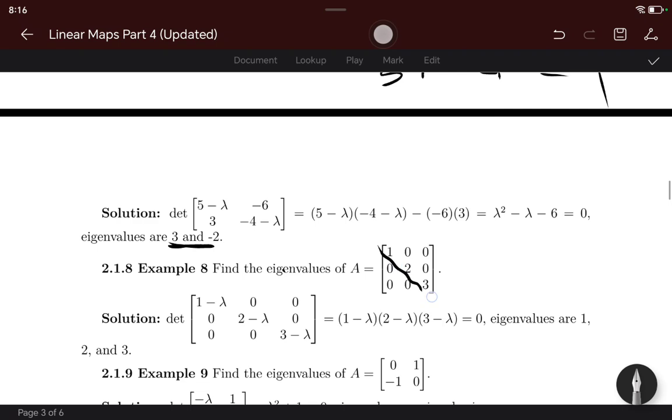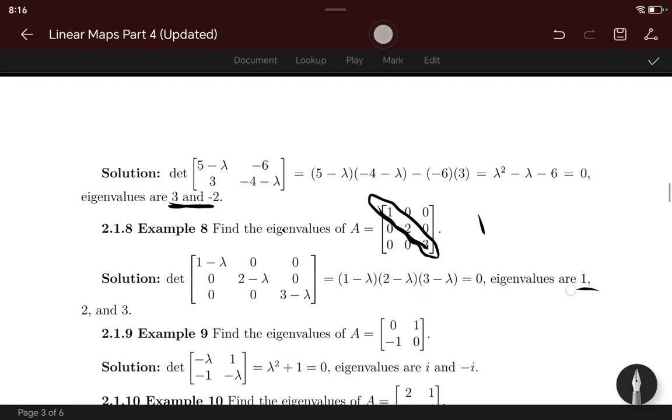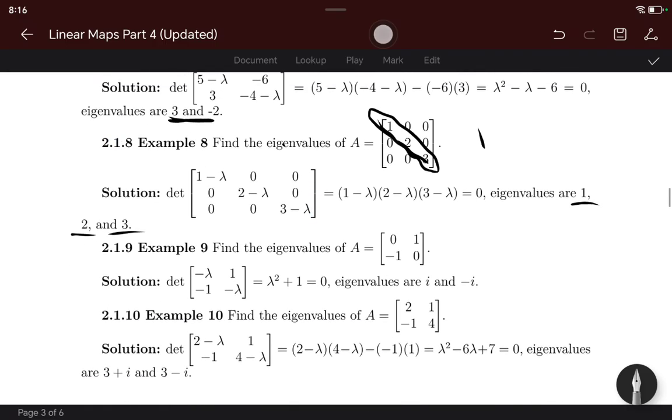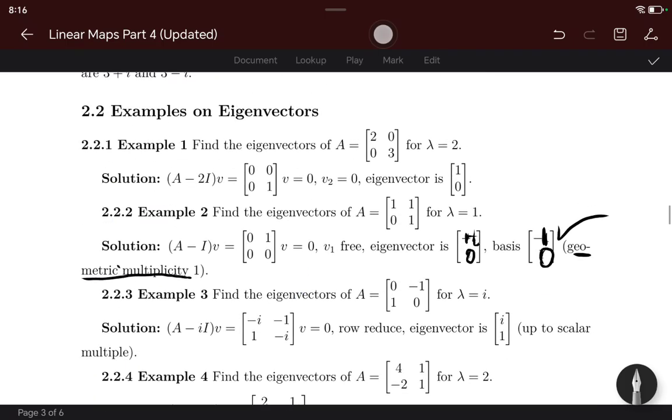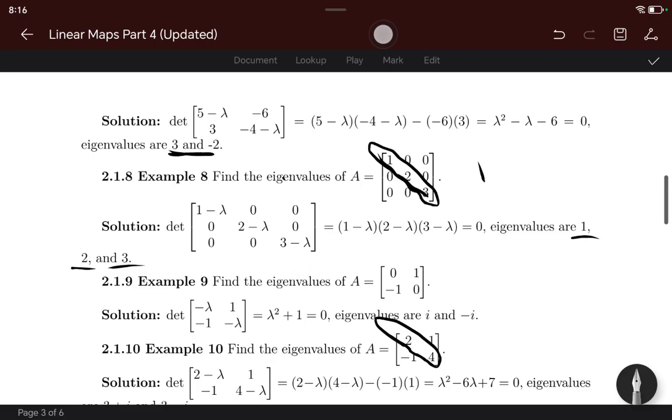Then this one, if we add this, we get 7, but here we got 1, 2, 3. You see that it won't always be the case, but in most cases it's going to help you to check. Usually it won't be the case with bigger values, but with small values it's mostly the case.